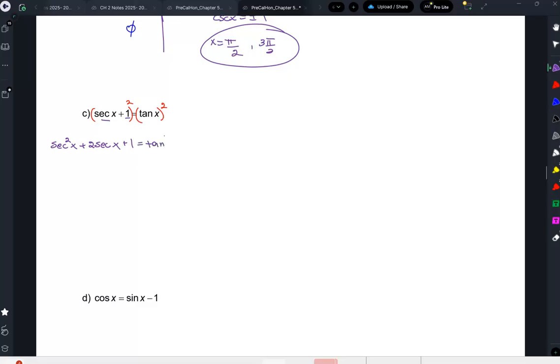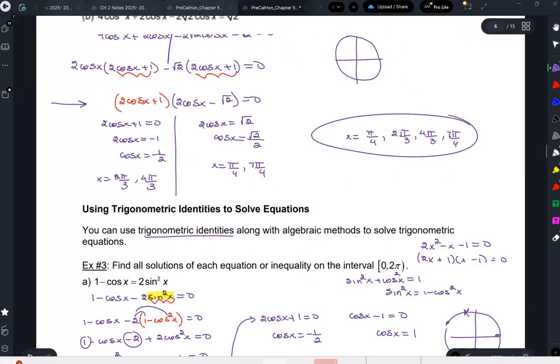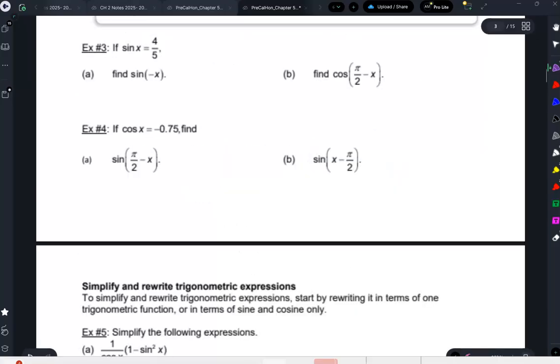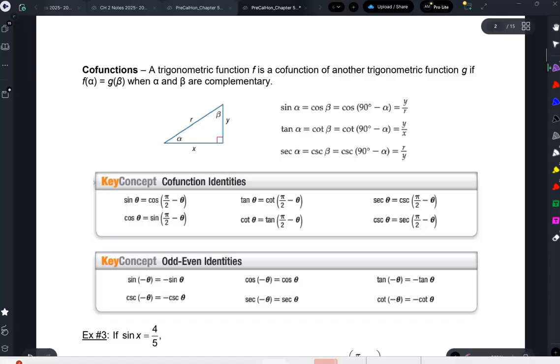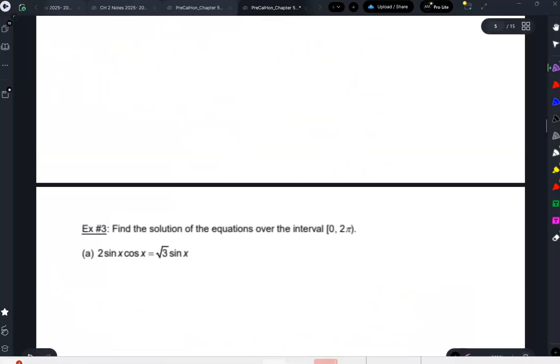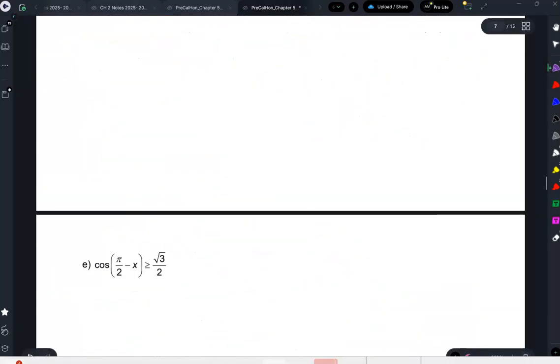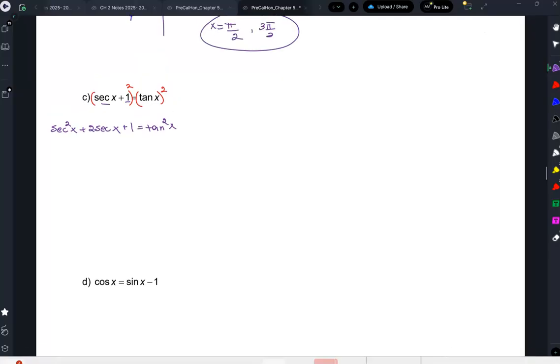Equals tangent squared x. Okay, now I can use an identity, right? So look, when you go over here, I have a tangent squared identity that I can use. So tangent squared is secant squared theta minus 1. So here, oh my gosh, it's way down here.